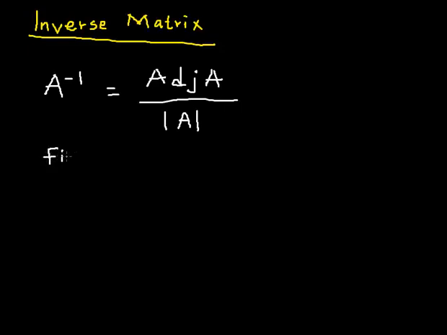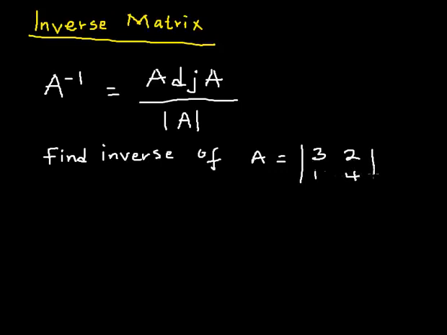So the question is, let's say you are being asked to find the inverse of matrix A being equal to 3, 2, 1, 4.